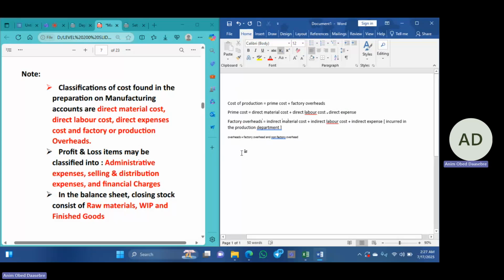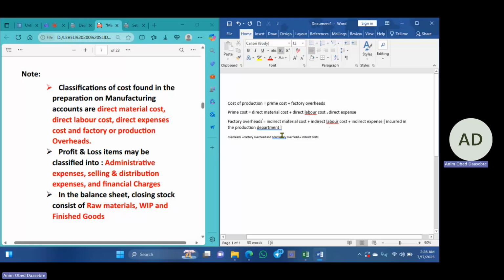These are all indirect costs. That's what overhead also means. So when we add all these things, we are going to get our cost of production.